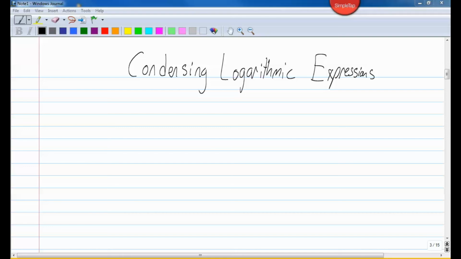And so expanding and condensing logarithms do have their place in math. Expanding logarithms, which we just covered, has its place in simplifying something that looks real tough, like a big fraction, and changing it into a bunch of little terms, maybe so that we can do something with those little terms.